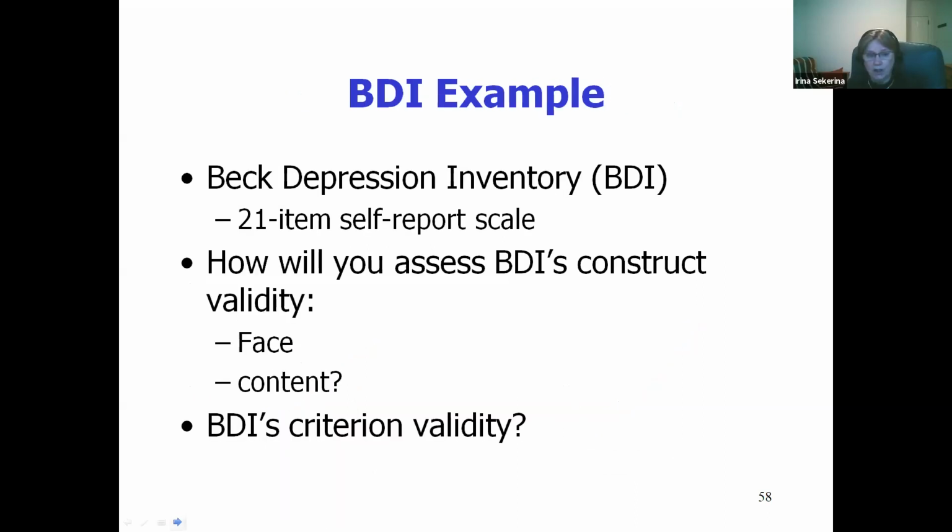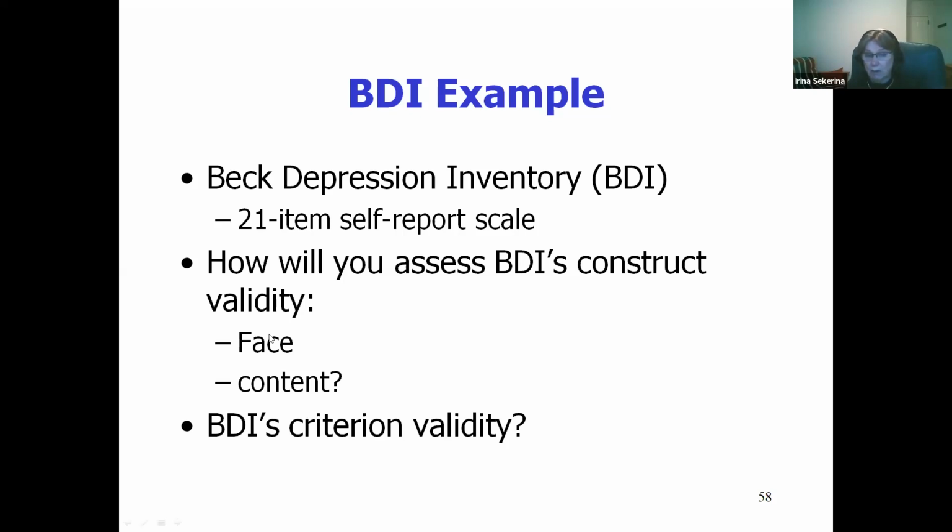The BDI example I already mentioned has 21 items in its core, and you get to think about what is the face validity, what is the content validity, right? Do we have everything we need to assess depression? And does it have criterion validity? There the answer is yes, because BDI has been used many, many times, and it produces the results that are expected in empirical studies of populations or samples from the populations.